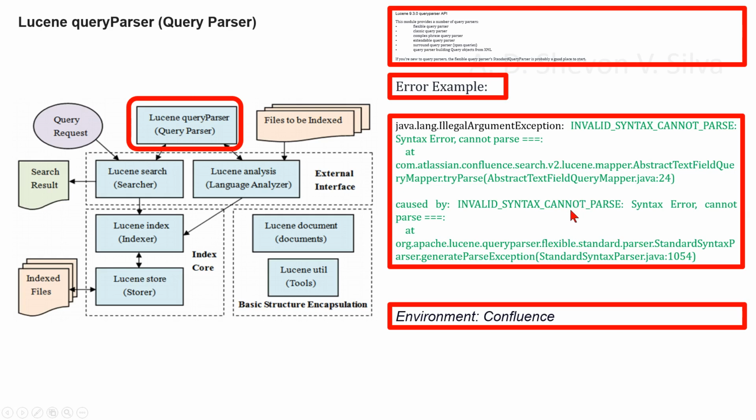Invalid syntax: cannot parse, syntax error, cannot parse, equal at com.atlassian.confluence.search.v2.lucene.mapper.AbstractTextFieldQueryMapper.tryParse, AbstractTextFieldQueryMapper.java, caused by: cannot parse, syntax error, cannot parse, equal at org.apache.lucene.queryparser.flexible.standard.parser.StandardSyntaxParser.generateParseException, StandardSyntaxParser.java.